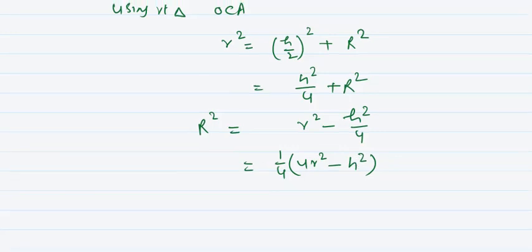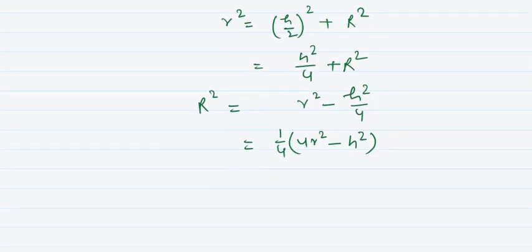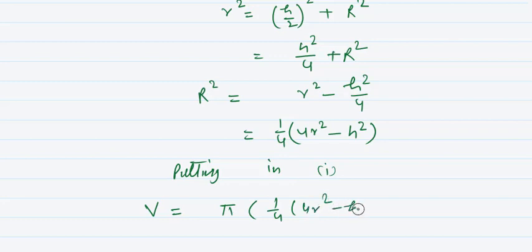Let me name this expression as number 1, and now putting in 1, we are getting volume of sphere is equal to pi R square, means 1 by 4 into 4r square minus h square into h.